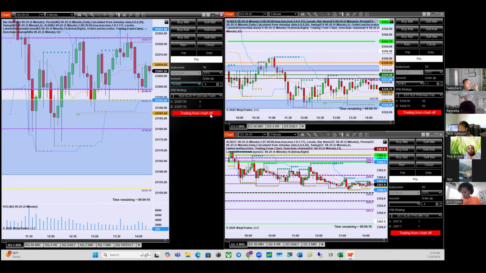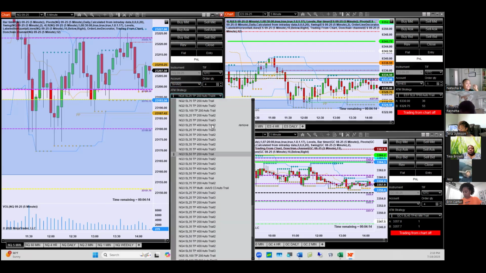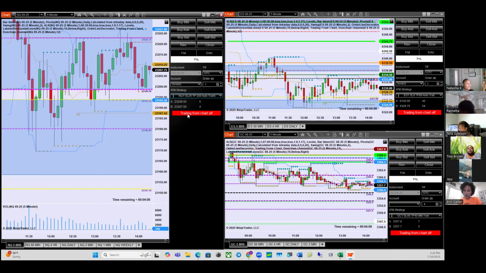Okay, so I have too many ATMs, just ignore that. But for example, the one you see now, where you can see the naming of my ATM, it's got a 25 tick stop loss.